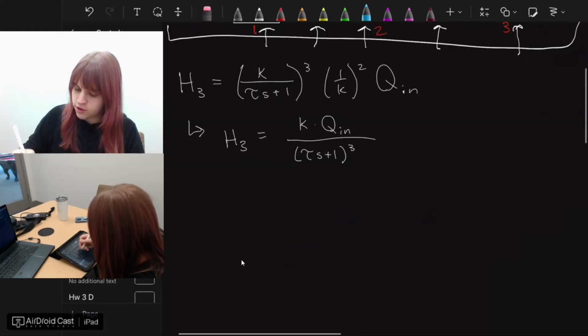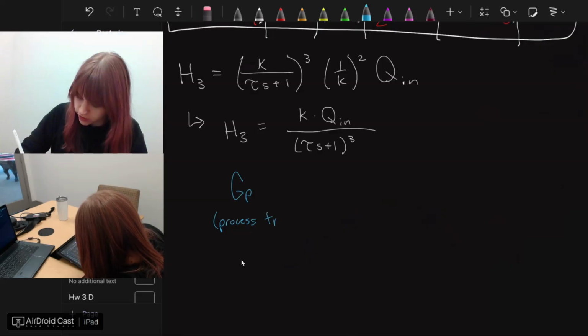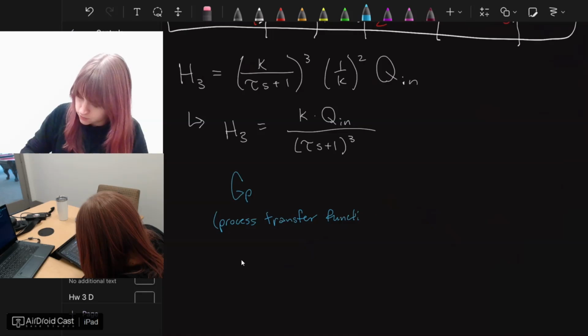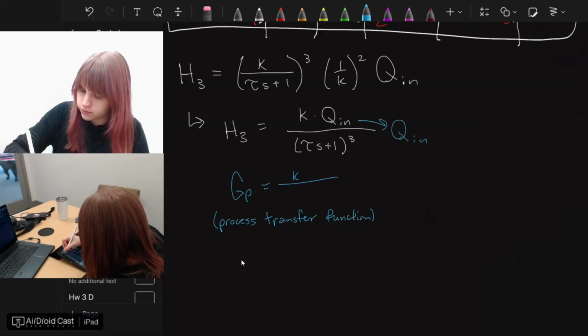And we're going to call this the process transfer function, except we have that Q in on the side.